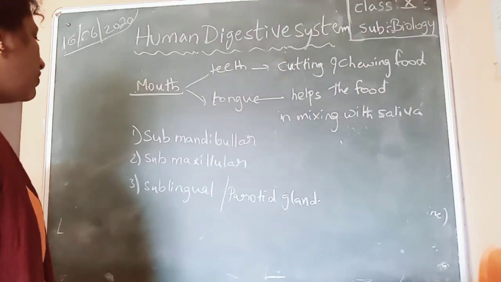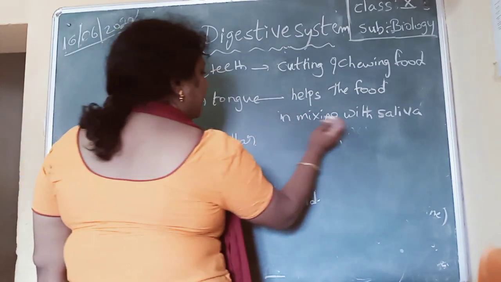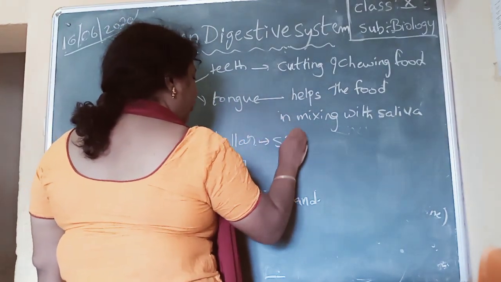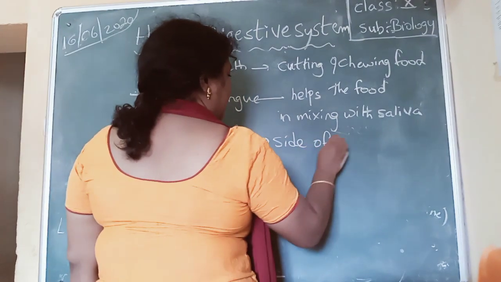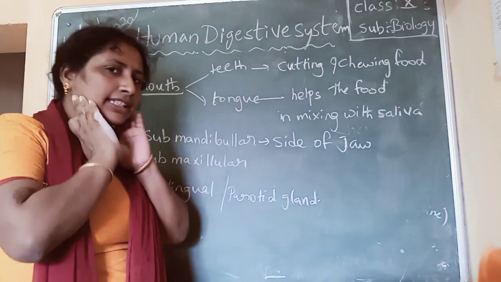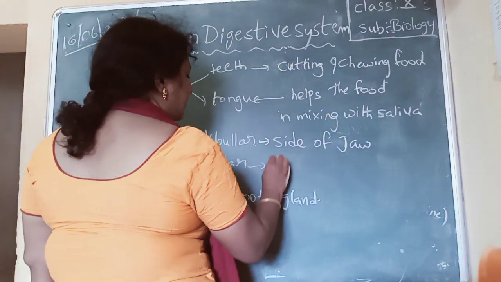The submandibular salivary gland is present near the side of the jaw. Submaxillar is present below the tongue.